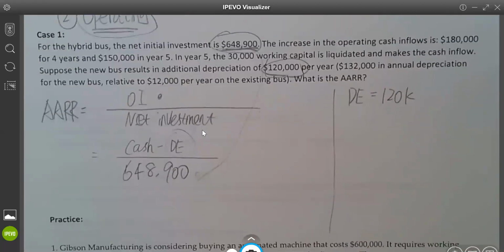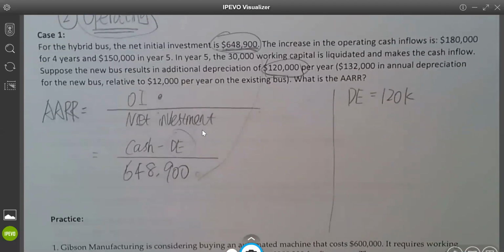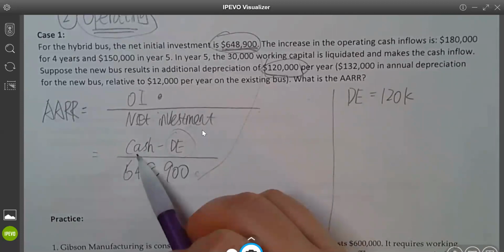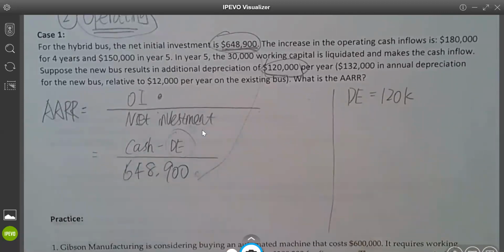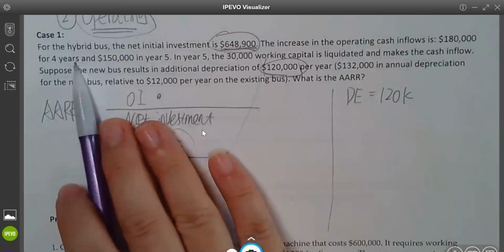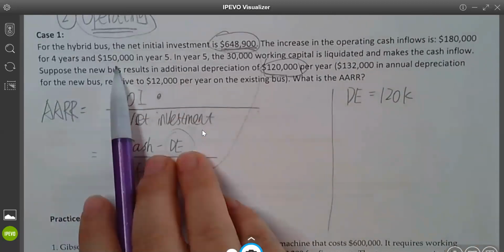So now we have to think about this. How do we get our AARR? Since I have a depreciation expense, I have the denominator. My cash for the first 4 years is 180,000. The 5th year is 150,000.